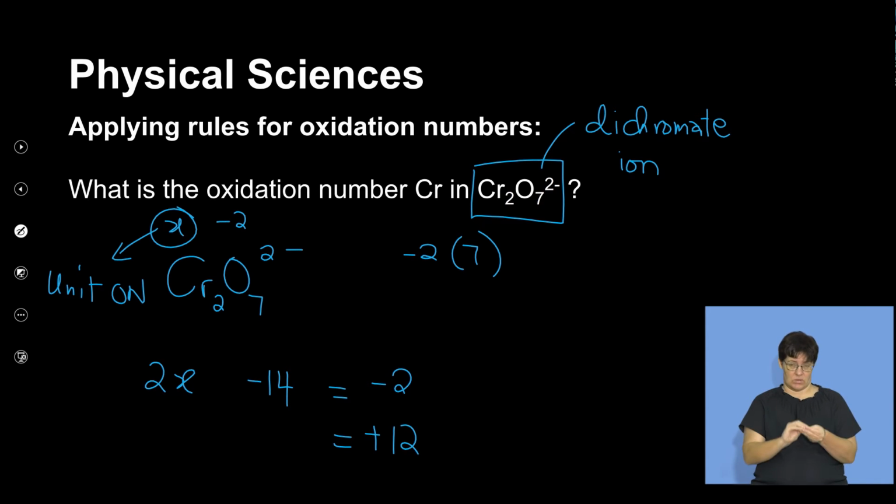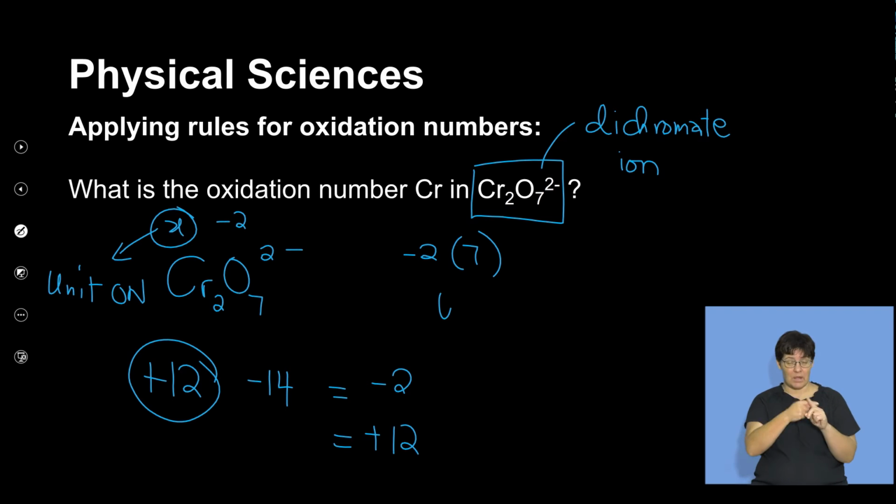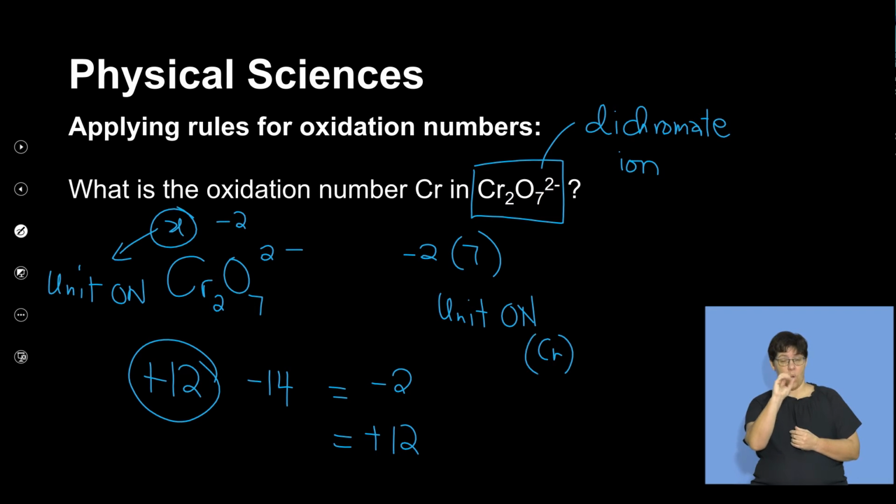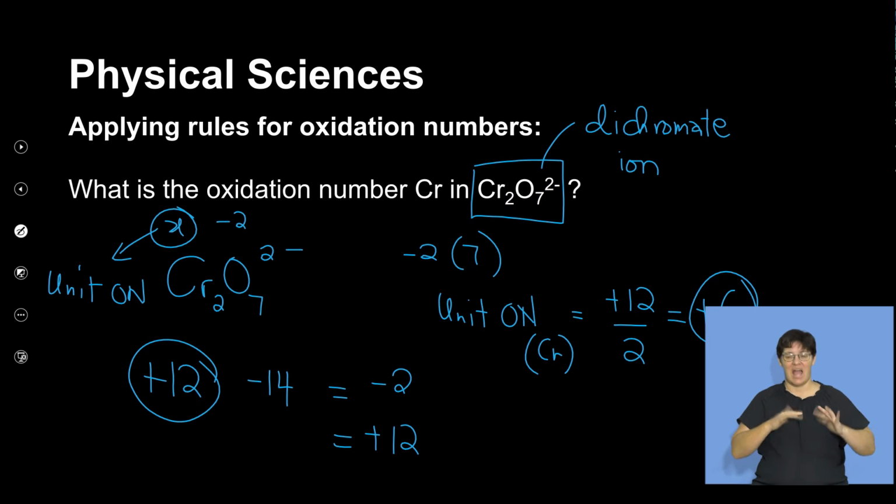If the total is plus 12, the unit oxidation number of Cr in this case is plus 12 divided by 2, which is equal to plus 6. That's how we have used the rules to obtain that. Because if you say plus 12 minus 14, it gives us the negative 2.